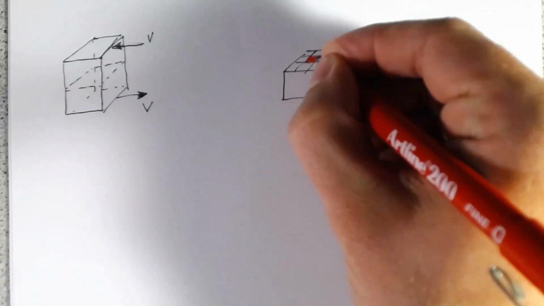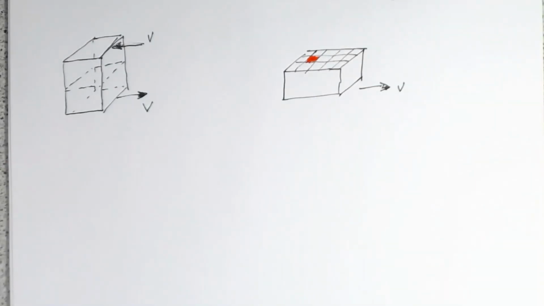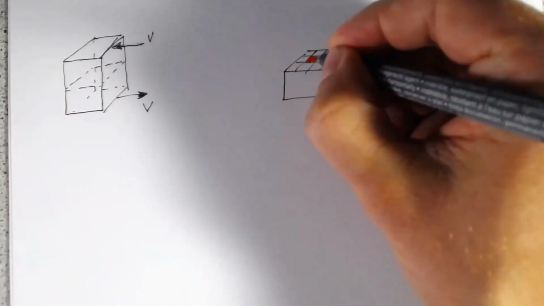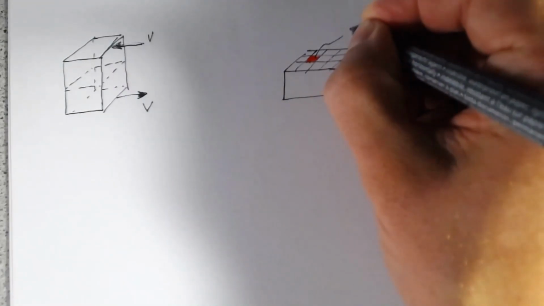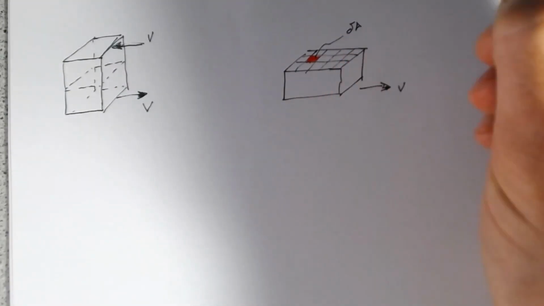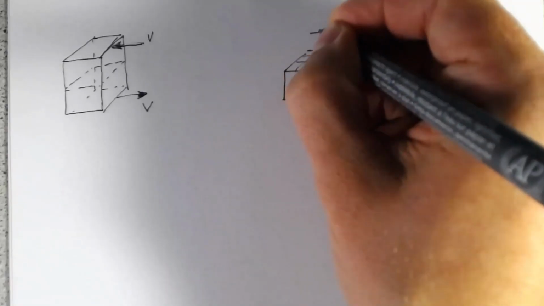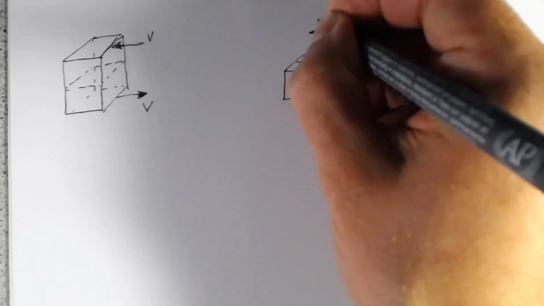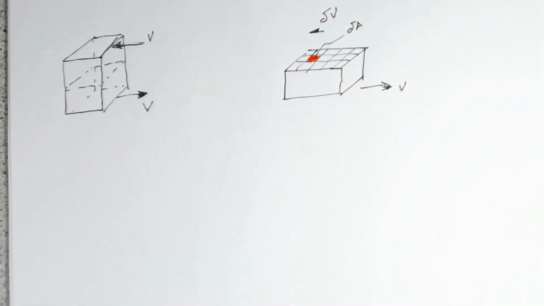We want to find what the stress is at a point Q. So at this red point, we'll give that section some area, call it delta A, and it's going to have some tiny little force in there, delta V.